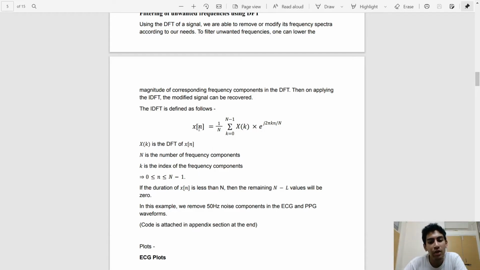This signal, x of n, will also be periodic, unlike the original signal. But since we have avoided time aliasing by setting N greater than or equal to L, we can take one period of this x of n that we get by the IDFT, and that will be equal to the original signal that we originally used.